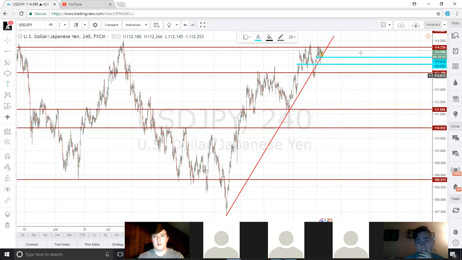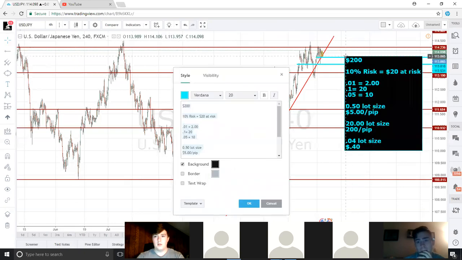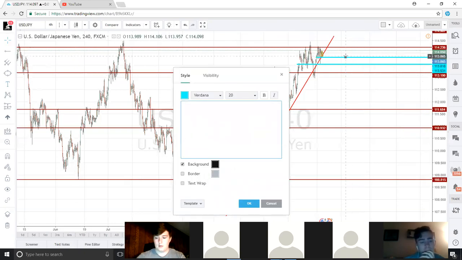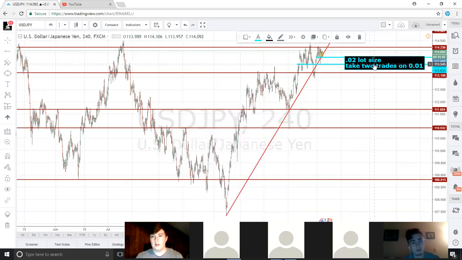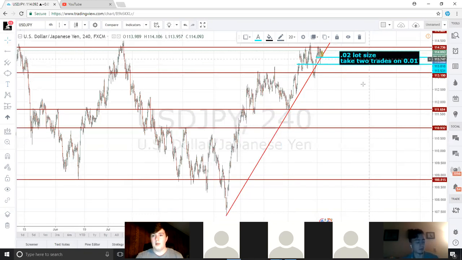I'll even write this out for everybody. 0.02 lot size. Take two trades on a 0.01, right? So if you're going to take one trade on a 0.02 lot, basically have two entries on a 0.01 lot.